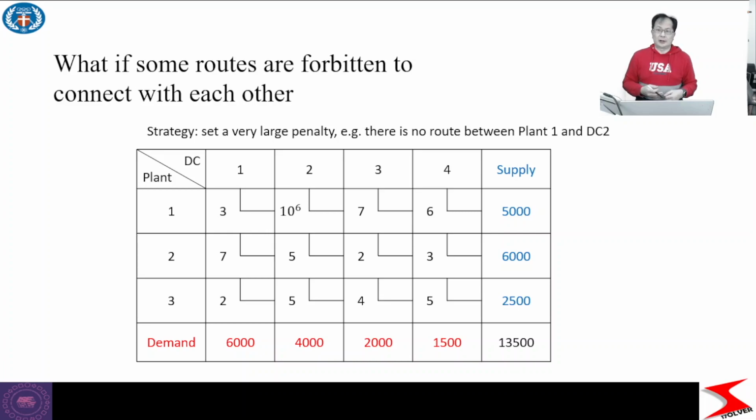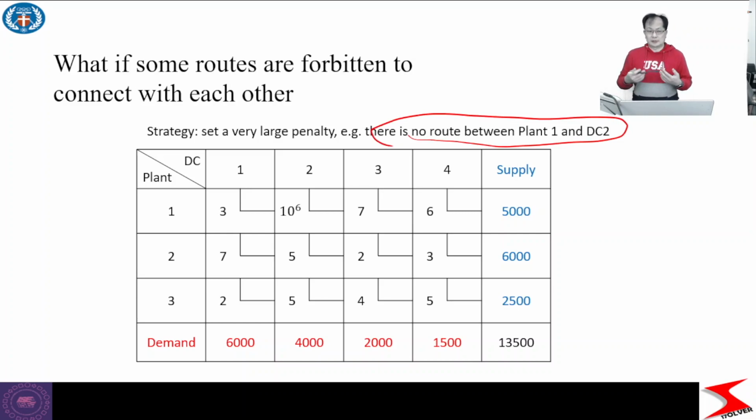For example, we have 3 plants and 4 distribution centers. Now there is no route between plant 1 and the second distribution center. What is our strategy for this?